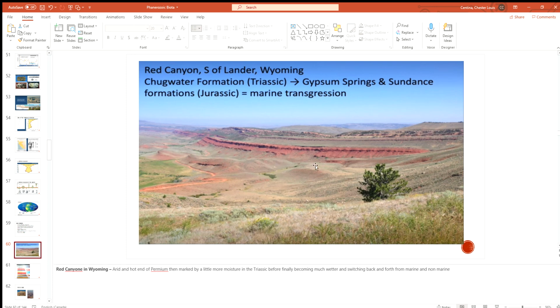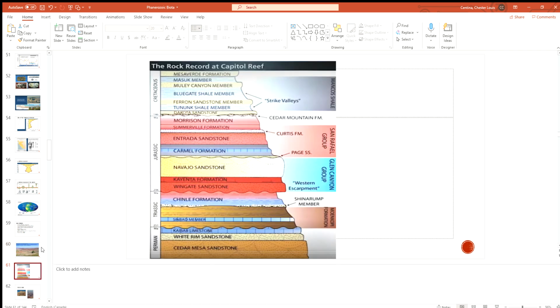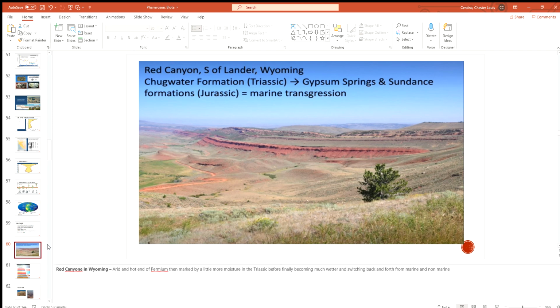That's the regression. Okay, so it goes from the Chugwater formation, buried here, and then it has a gypsum spring, and then the Sundance formation, and then the marine transgression. That's basically what it is. You can read the notes here, pause this video, read the notes.